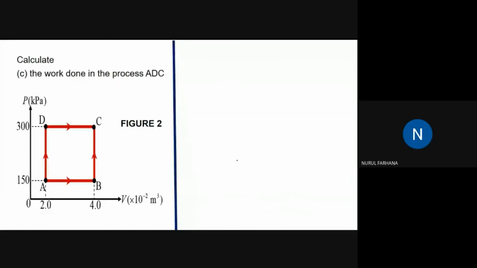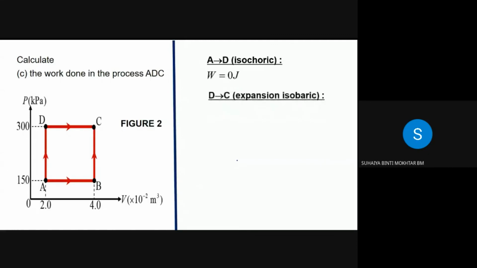Thank you Madam. Okay, let's see work done. Isochoric, work done 0. DC, isobaric, we use work done equals P delta V. So in this process, we increase volume, so work done here should be positive for process DC.